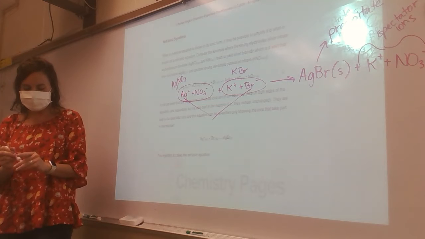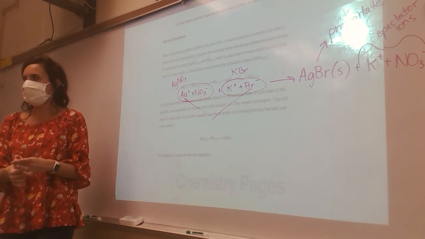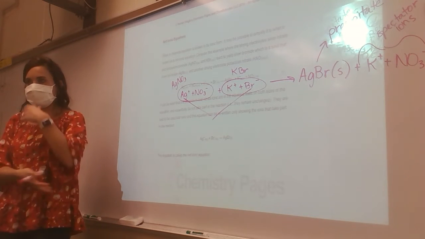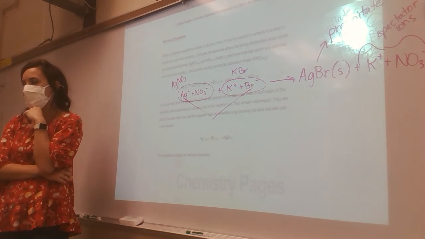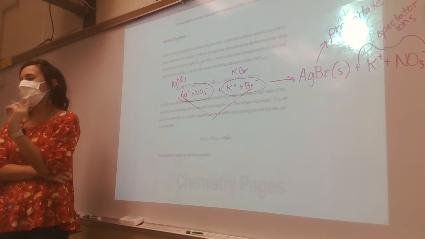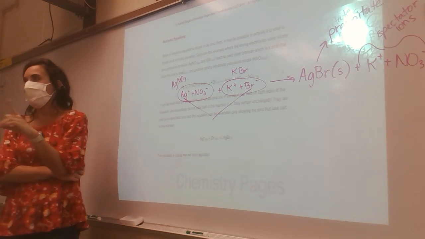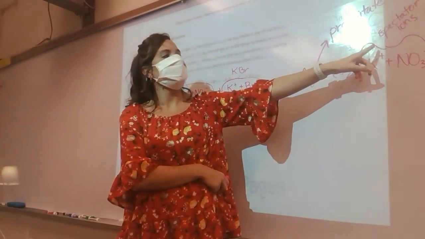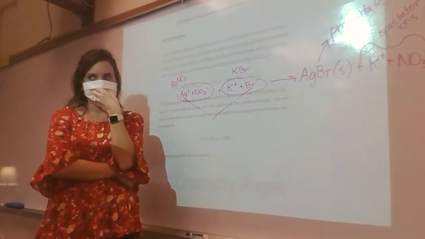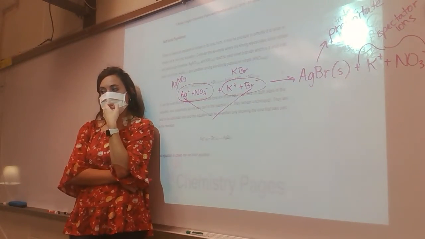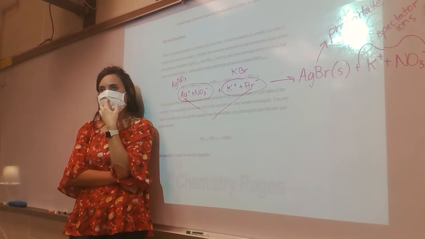Where do you hear about spectators? Stadium. Sports and stadiums. When you are a spectator at a football game, that means you do not participate. When you are a spectator ion, it means you do not precipitate. Okay?